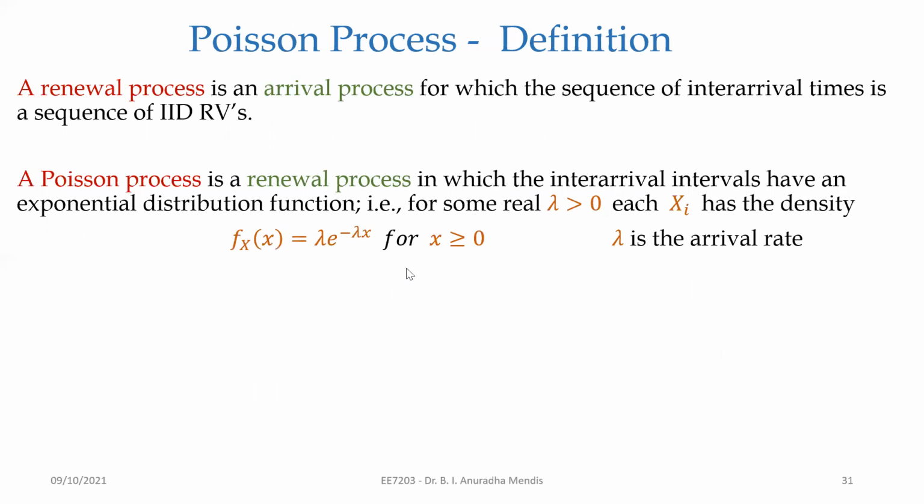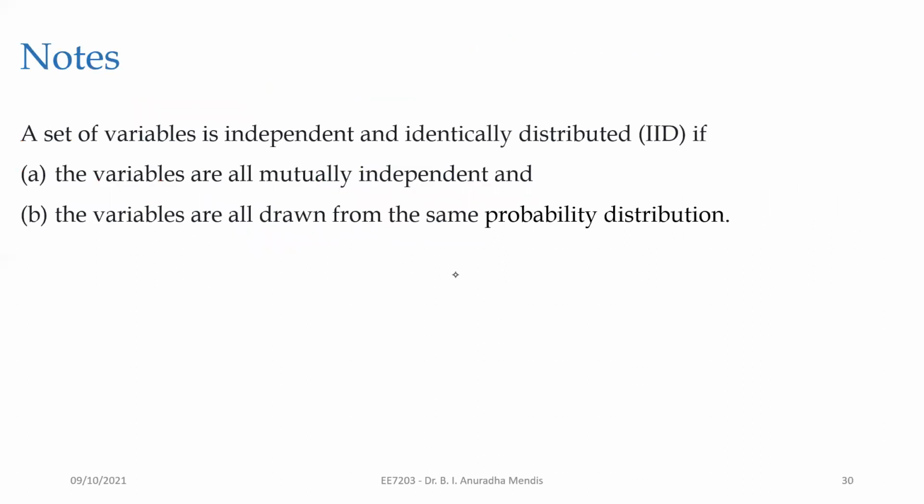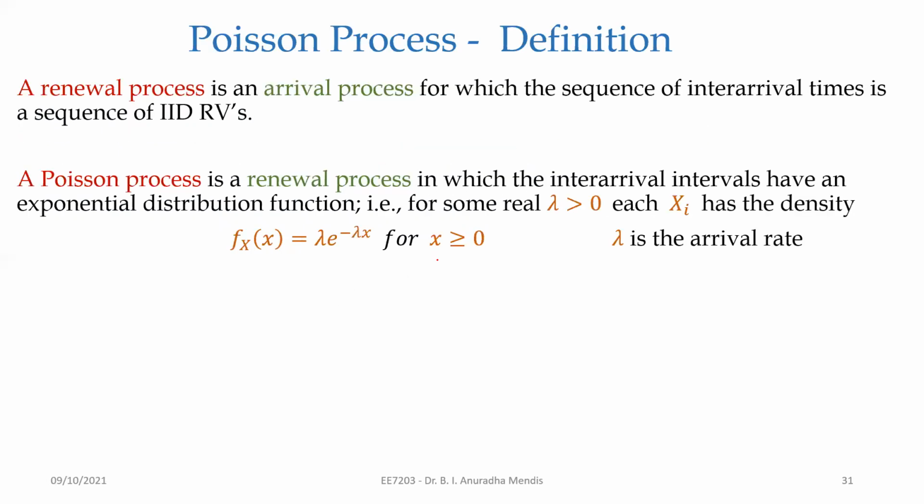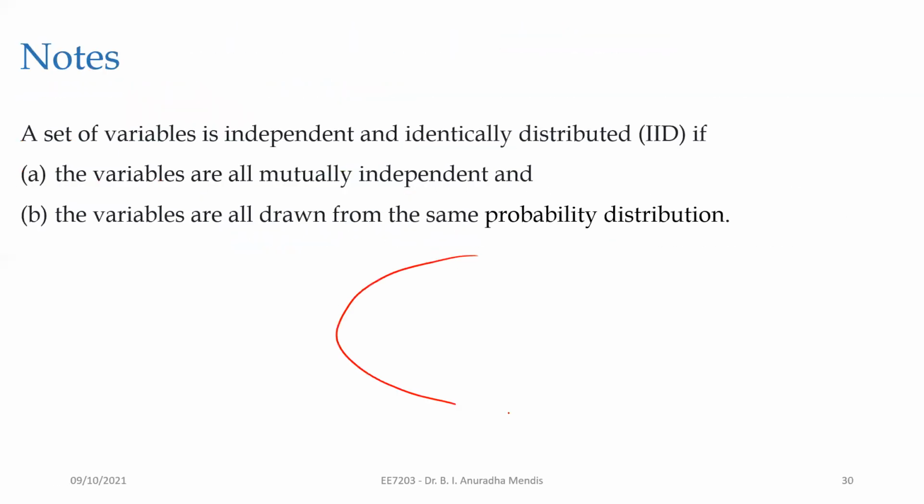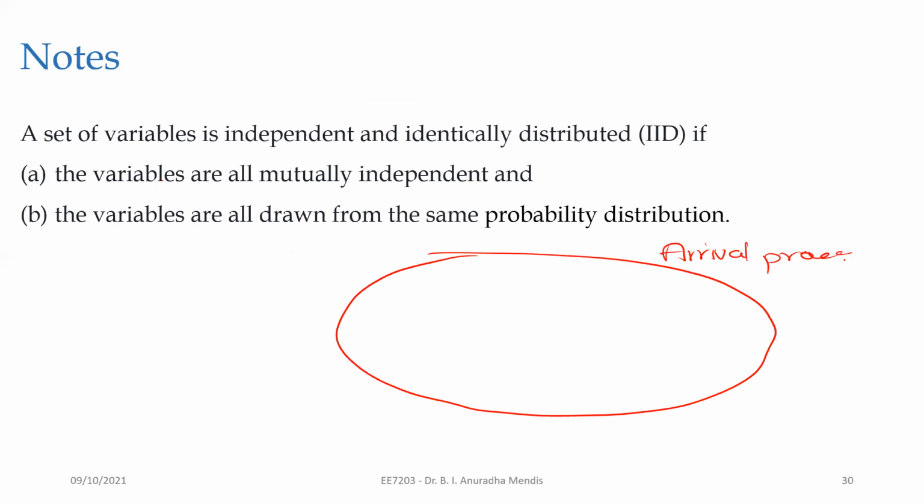Okay, now what is a renewal process? A renewal process is an arrival process for which the sequence of interarrival times is a sequence of independent and identically distributed random variables. Now you can see, let's say this is the total domain of arrival processes.